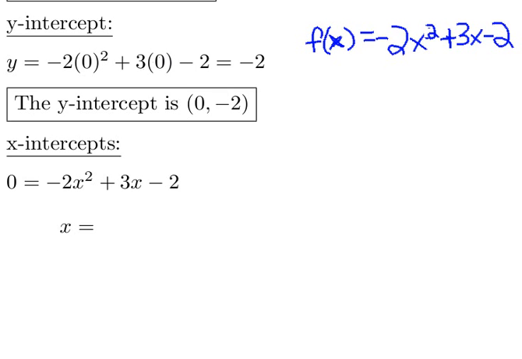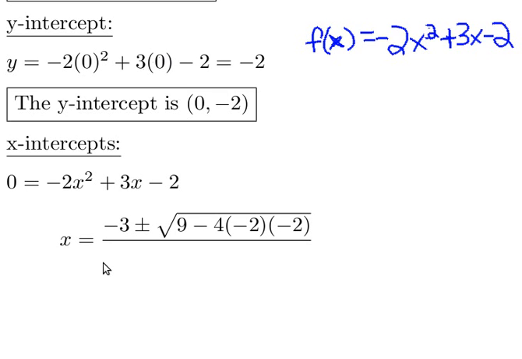We're going to have x equals negative b, which is going to give us negative 3, plus or minus the square root of b squared, which gives us 9, minus 4 times a times c, all over 2 times a.